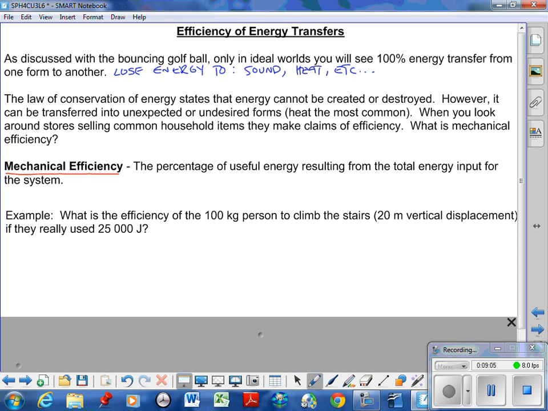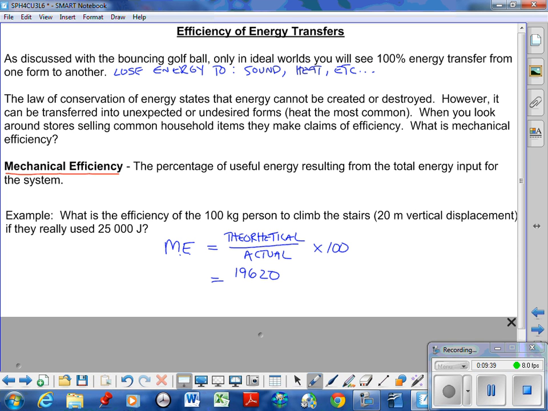All right. So when you do the calculations, here's your formula: mechanical efficiency is equal to your theoretical, how much was theoretically needed, divided by actual, multiplied by 100 to get it into a percentage. Theoretically, if you flip back in your notes, it took this individual 19,620 joules of energy to climb the stairs.